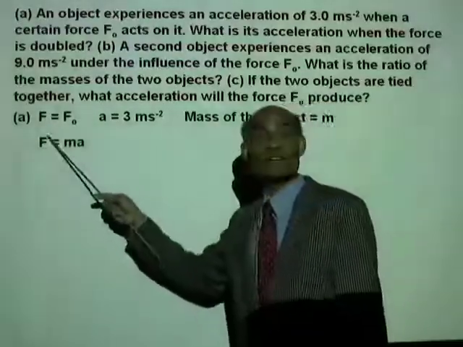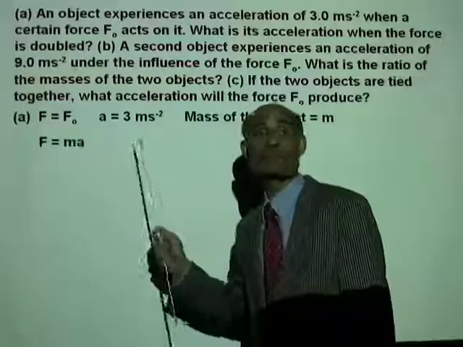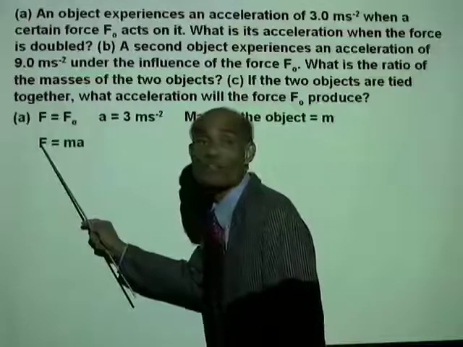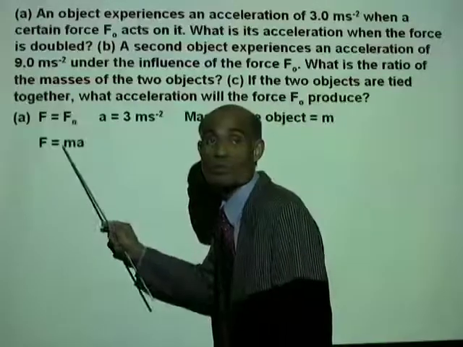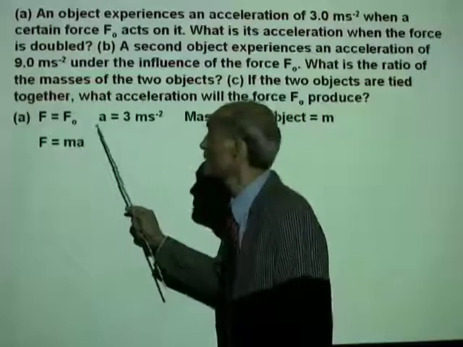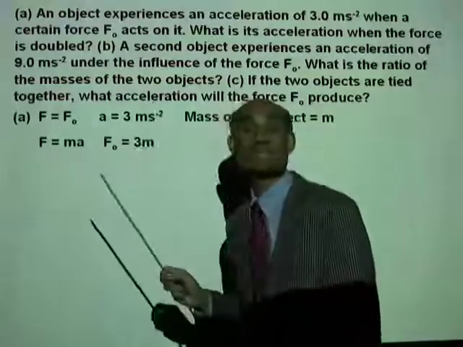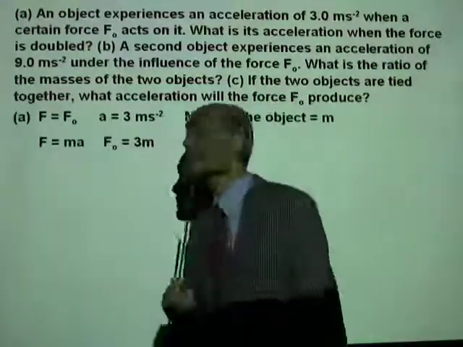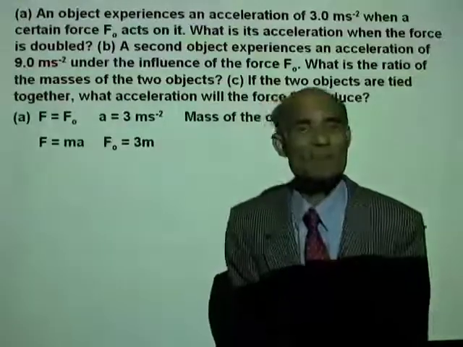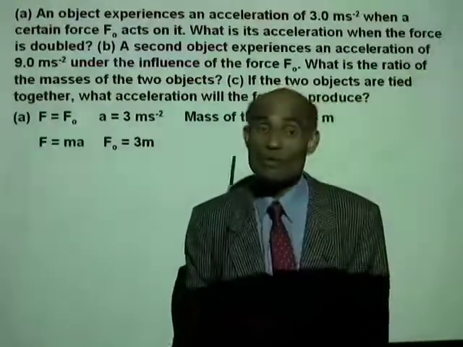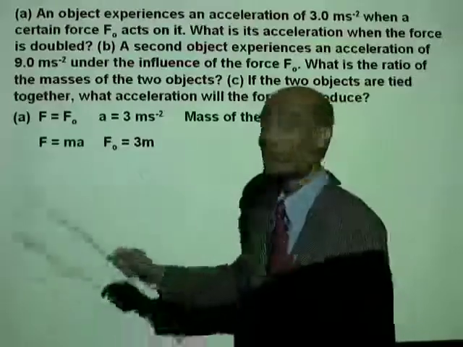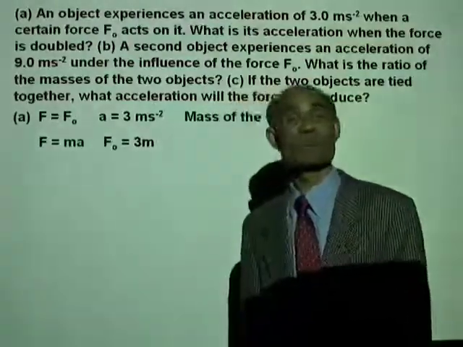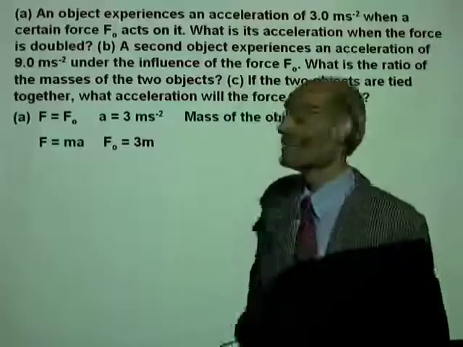Is that right? The net force equal to mass times acceleration. Here, the force acting is F0, mass is M, acceleration is 3 meters per second squared. That gives us F0 equal to 3M. That means wherever we use F0, it can now be replaced by 3M. That's a very useful information.